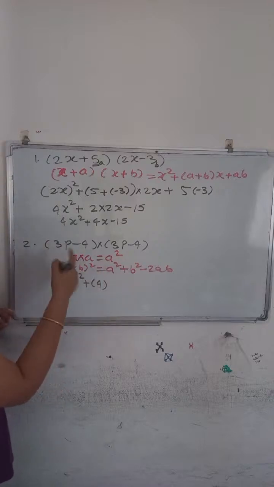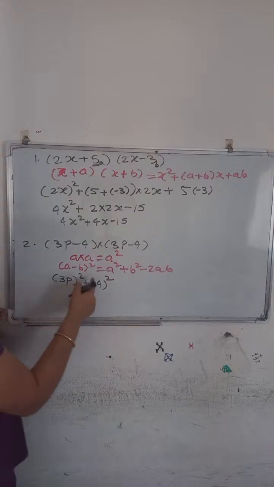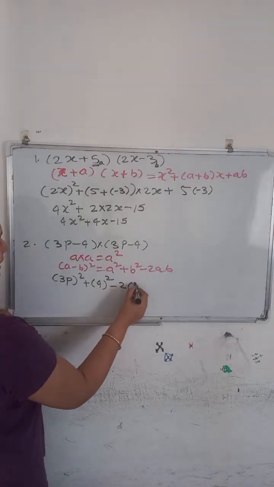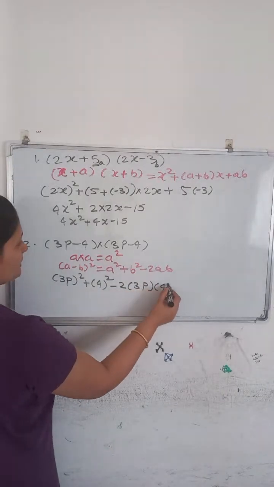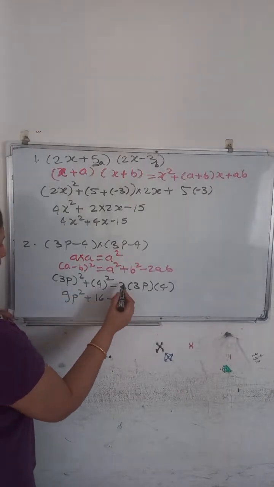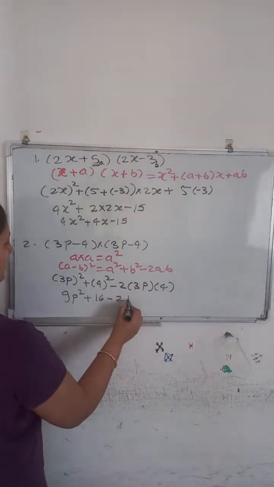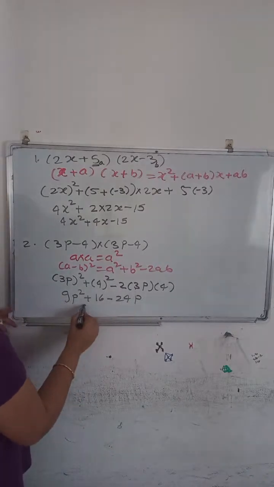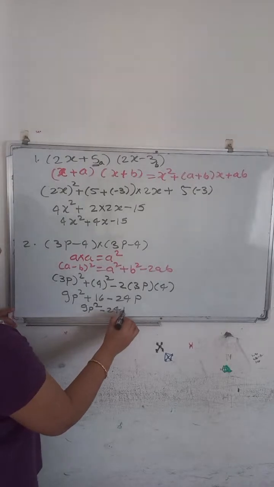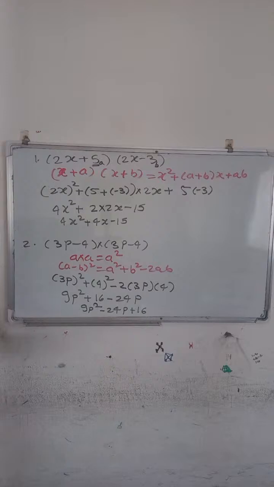Here no need to consider the sign, because the formula is only for a minus b. So 3p whole square plus 4 square minus 2 into a into b, where a is 3p and b is 4. So this is 9p square plus 16 minus 3 2s are 6, 6 4s are 24, 24p. Or you can arrange in decreasing powers of p: 9p square minus 24p plus 16. This is the answer.